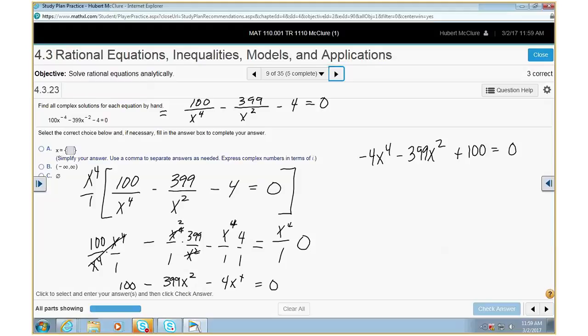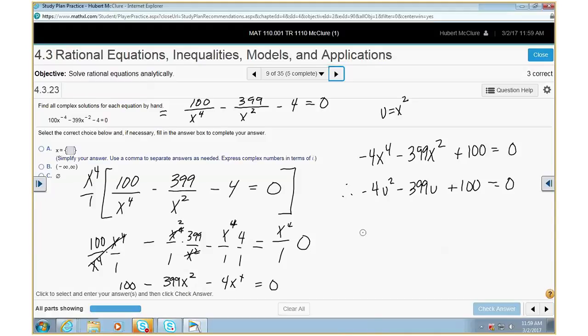And here we're going to say u is equal to x squared. Therefore, negative 4u squared minus 399u plus 100 is equal to 0. You could try to factor that, I'm not going to. I'm going to move the 100 over.